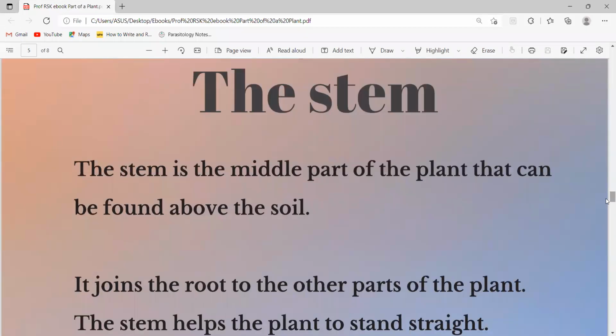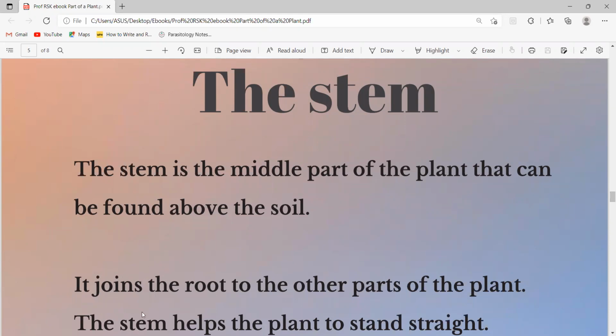Let's move to the stem. The stem is the middle part of the plant that can be found above the soil. Right after the root, we have the stem coming to light. The part that immediately appears from the soil, the one above the soil, is the stem.